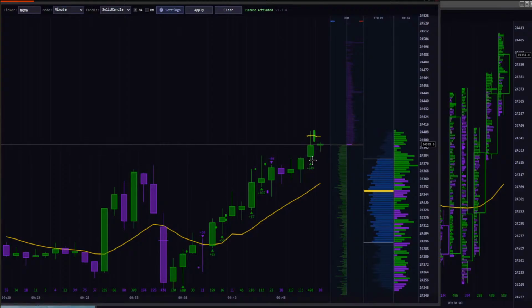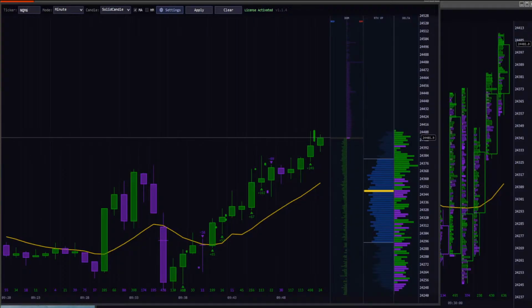We had 259 delta surge within 1 second. And we closed below it. That's not what I like to see. I don't like seeing that. Do not like seeing the wicks on the top. Can you keep moving? Sure. But I got to stick to my plan.